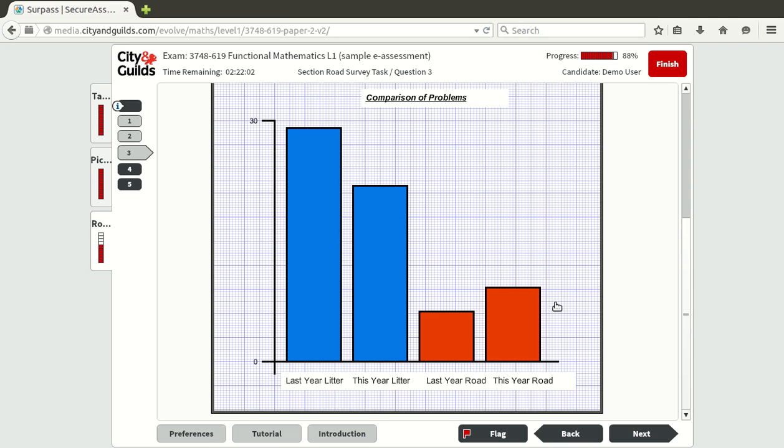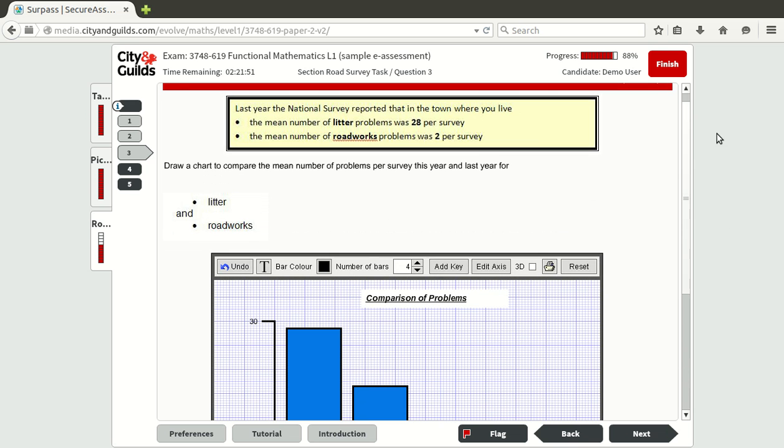So this is for last year and this year's litter. This one was the score for last year, which is shown up top, and this chart, this one here, was our mean results, which was 20.75. If we round off our number, it should be 21.